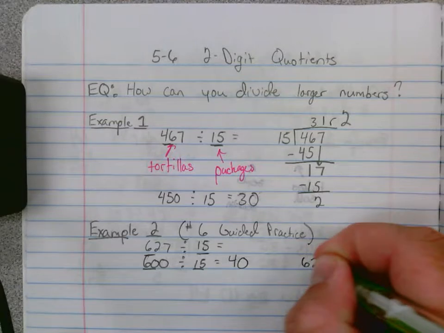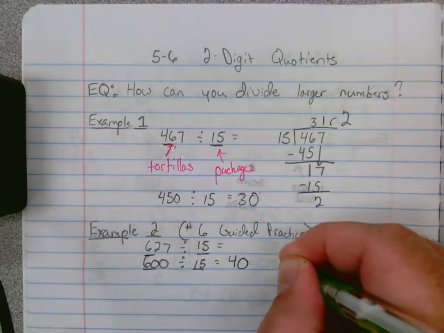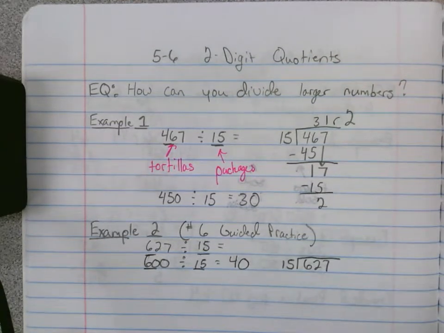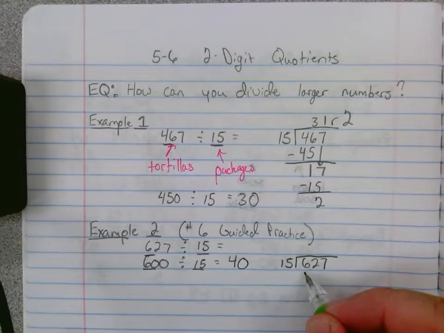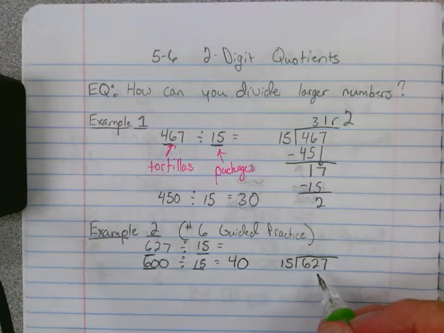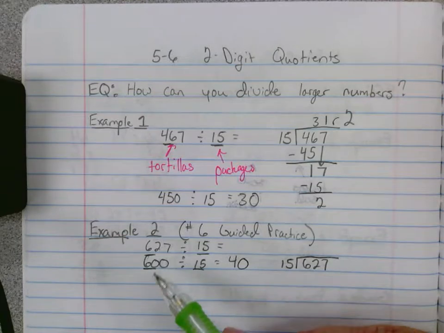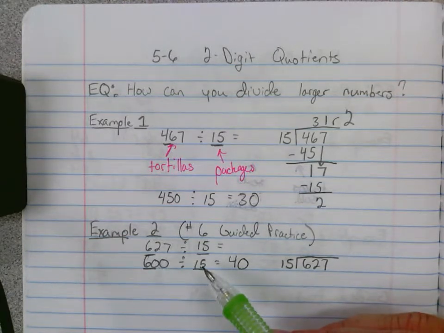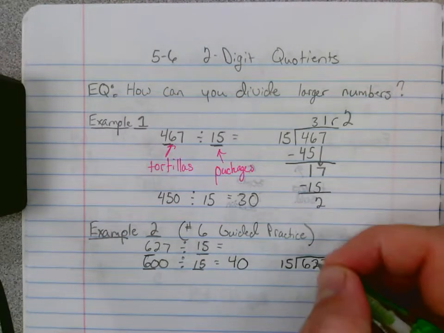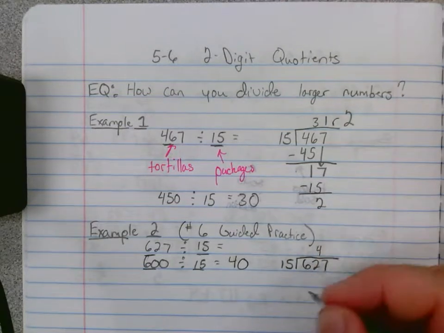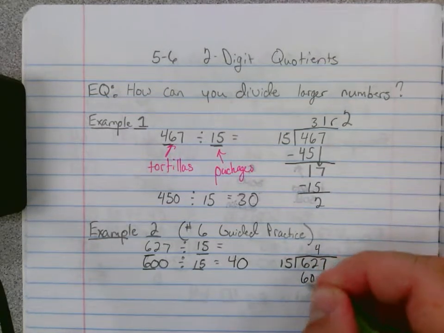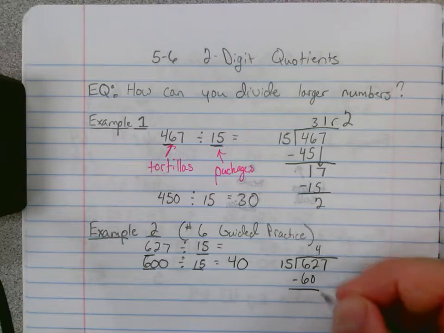So 627 divided by 15. Does 15 go into 6? No. Does 15 go into 62? Yes. We know that 60 divided by 15 is 40, so we're going to put a 4 here. 4 times 15 is 60. The difference between 62 and 60 is 2.